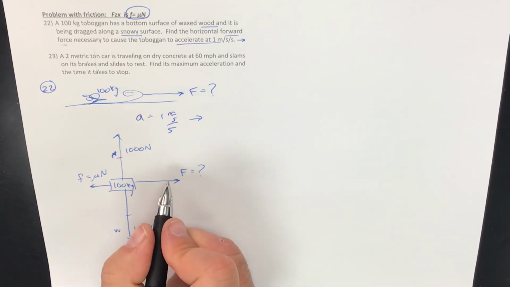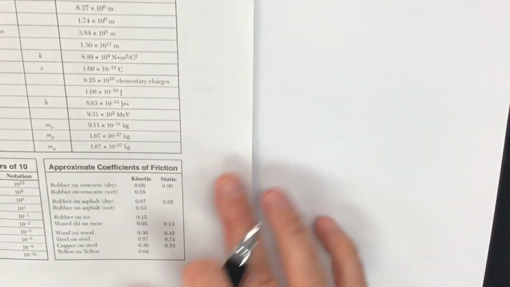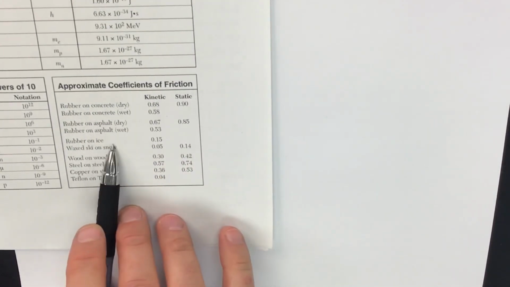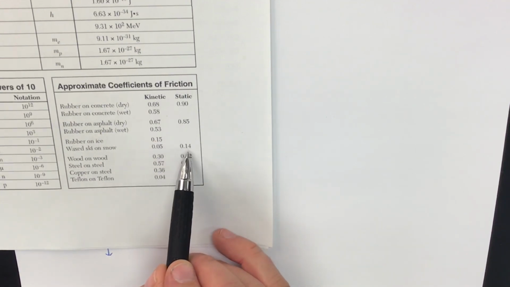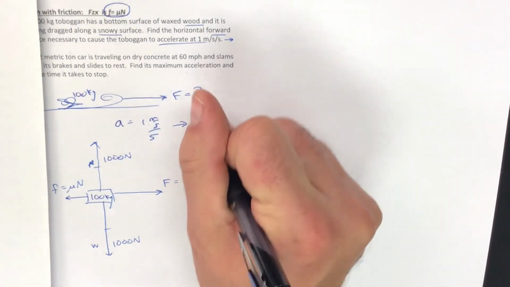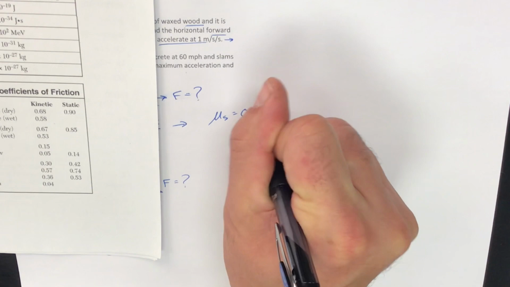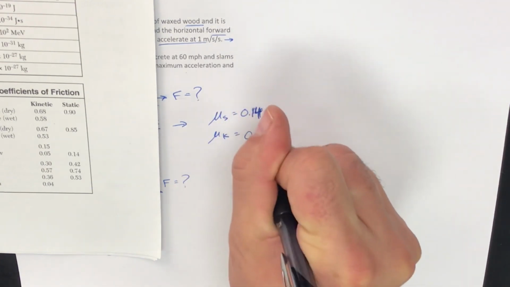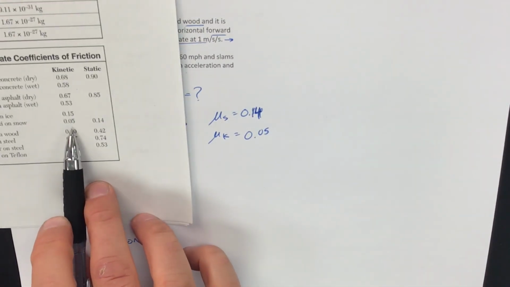That is where we're going to use the coefficient of friction times the normal force. Now we need the coefficient of friction. Coefficients of friction, right here: rubber on concrete, rubber on ice, ski on, that's close enough, 0.05 and 0.14. So the static coefficient of friction is 0.14, and the kinetic coefficient of friction is 0.05. Those are the ratios of friction force to normal force.